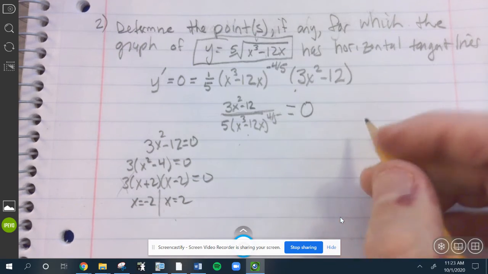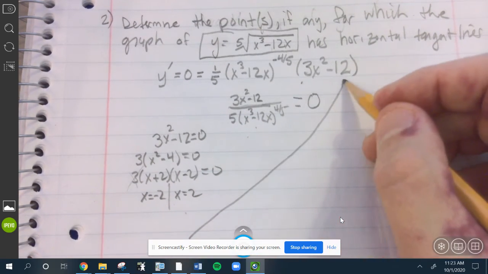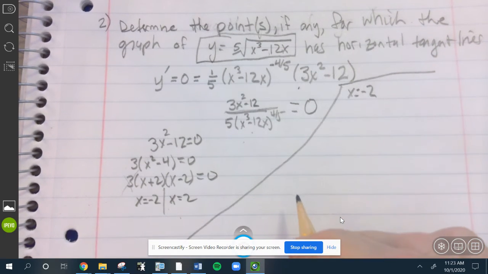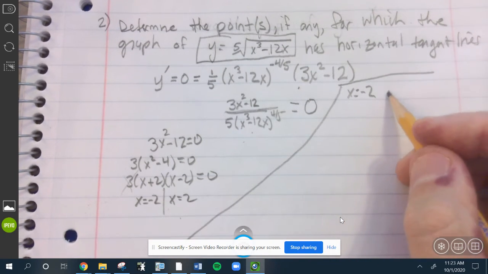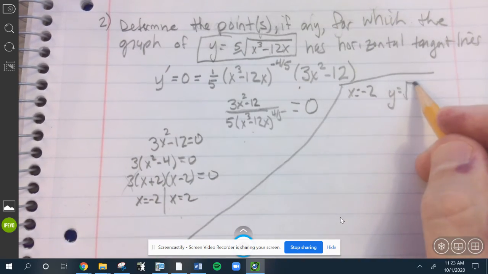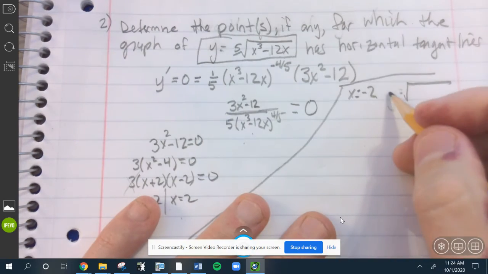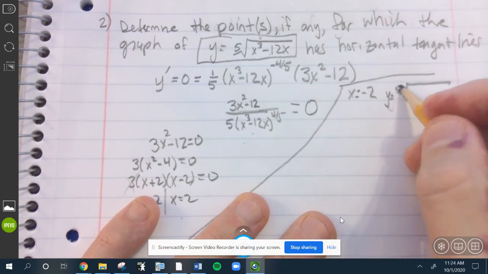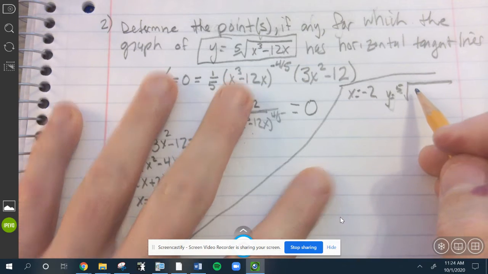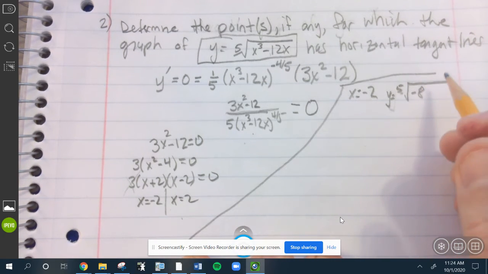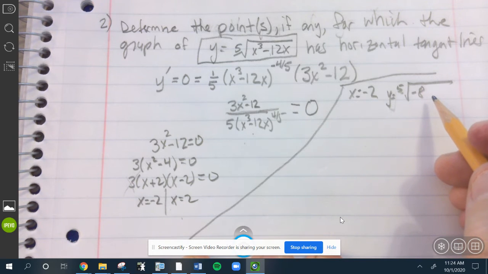So for x equals negative 2, and I'm going to do that up here just so I have room, y would equal the fifth root of negative 2 cubed, which is negative 8, minus negative 12 times a negative 2, which is 24.